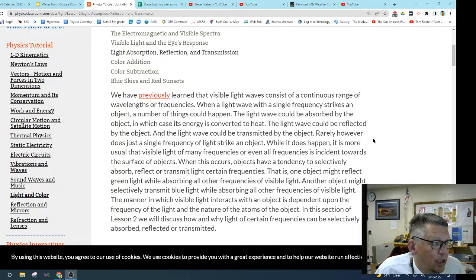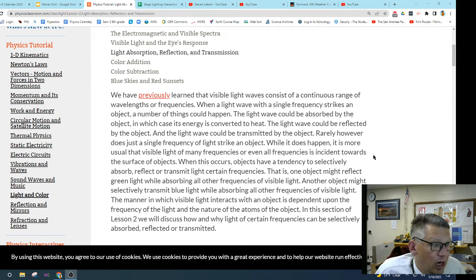Rarely, however, does just a single frequency of light strike an object. While it does happen, it is more usual that visible light of many frequencies, or even all frequencies, is incident towards the surface of the object.